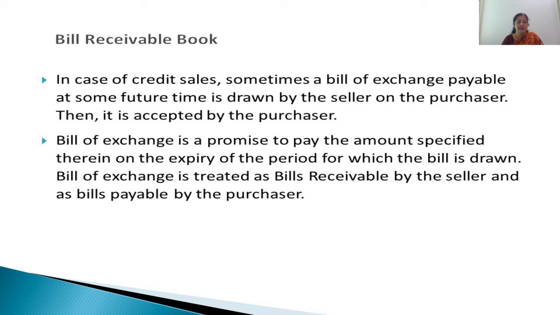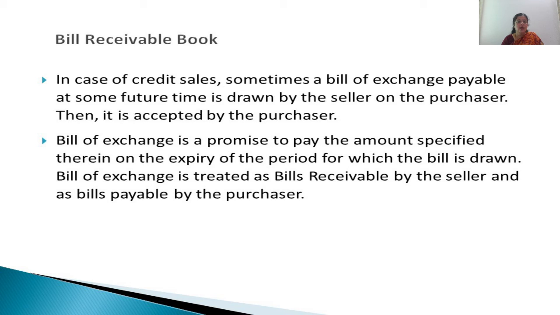So in case of a single bill that is being drawn by the seller on the purchaser, the seller or the drawer of the bill calls it bills receivable because it happens to be his asset, because he is going to receive the amount on the bill.